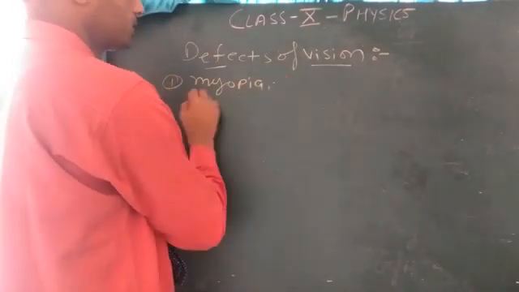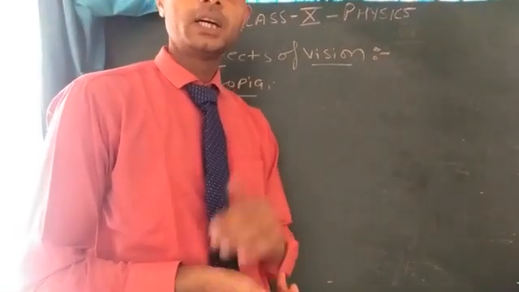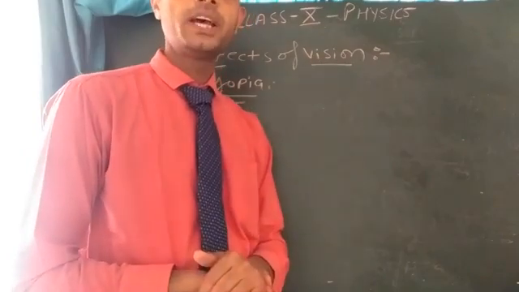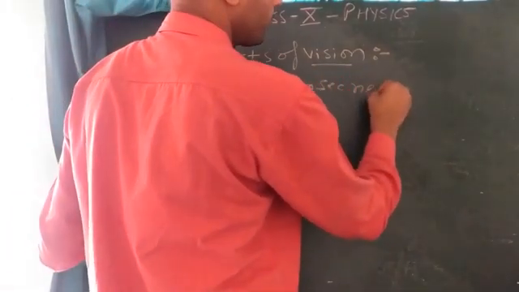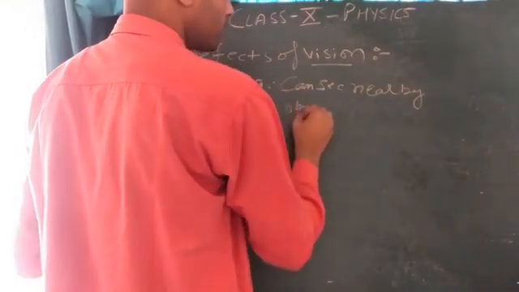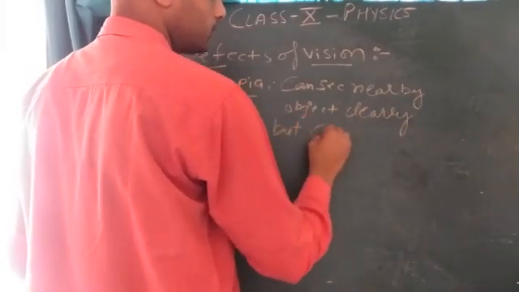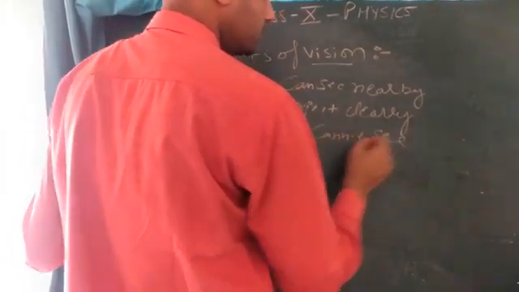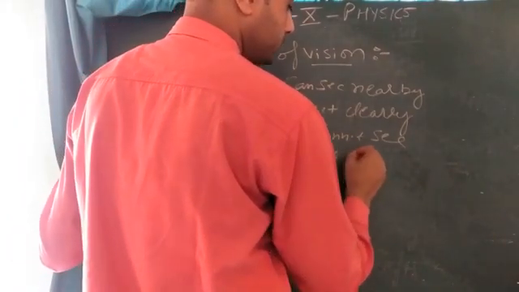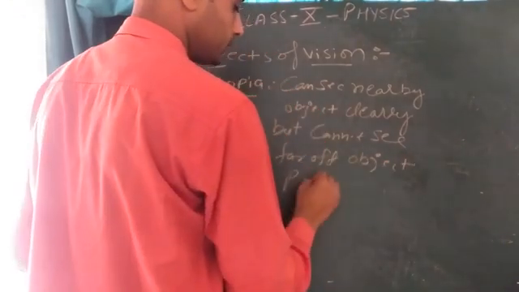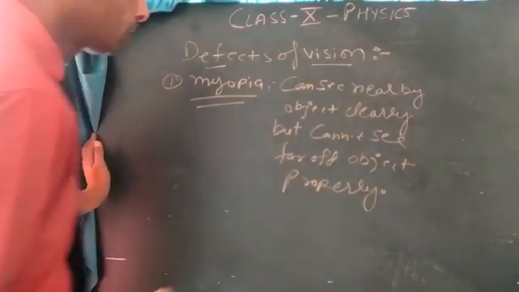What is myopia defect? In myopia defect, a man can see nearby objects clearly but is unable to see far off objects properly.